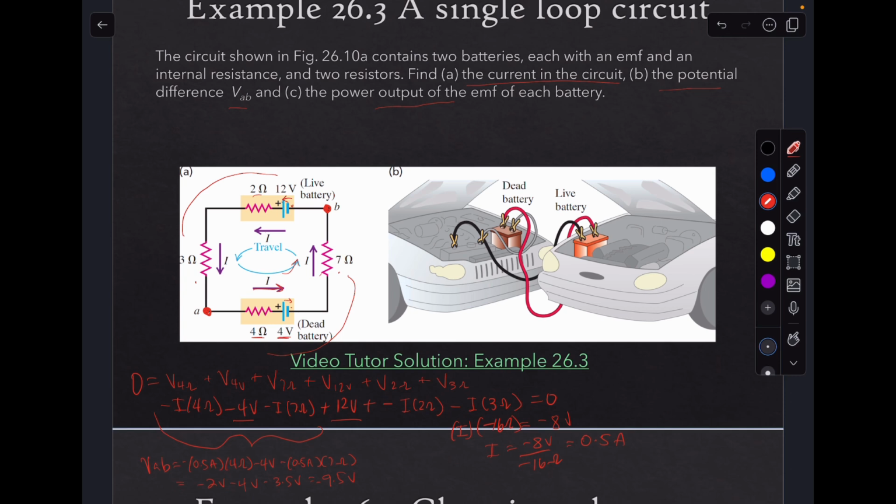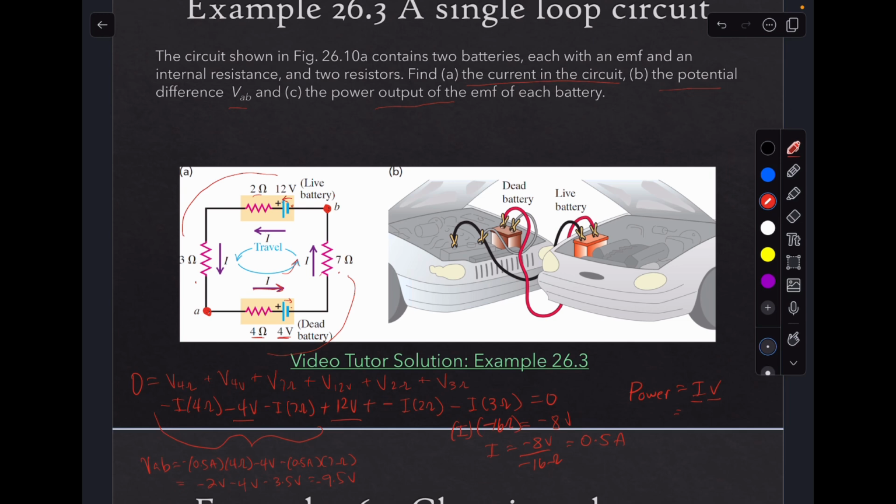And then the power, we didn't talk about what power is, but power is IV. Okay. So I'm not really covering, we just don't have time to cover every section of every chapter. So don't worry too much about power, but just for the sake of completing this example, P is IV, right? Current through the battery times the voltage of the battery.